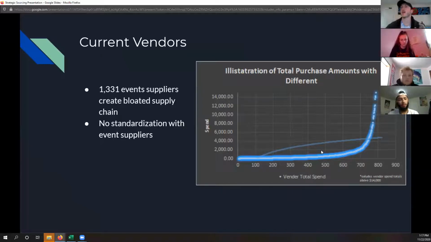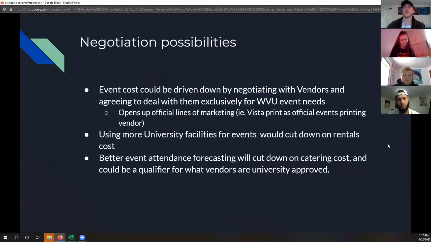And we think that by standardizing how we work with the event suppliers, we can save money, and that will open up the door for negotiation possibilities, which could really drive down our event costs by agreeing with vendors to be our exclusive WVU events vendor, which would also open up marketing possibilities such as Vistaprint being our official printing vendor for all WVU events.